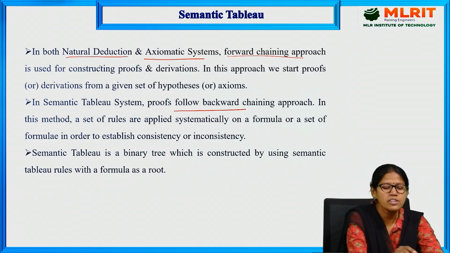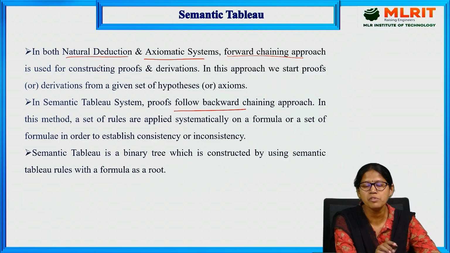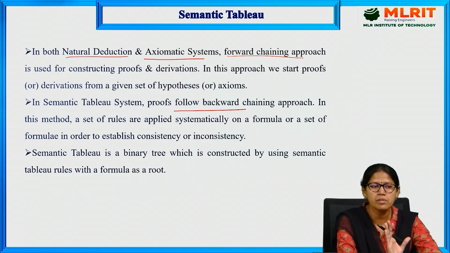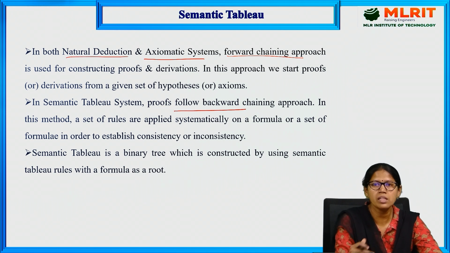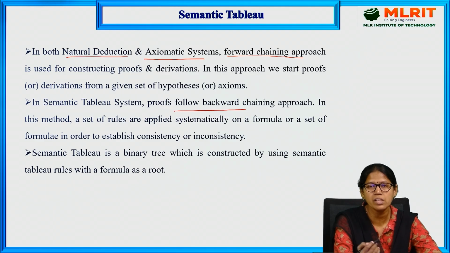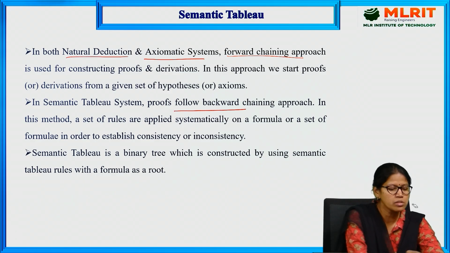In the natural deduction and axiomatic system, we need to assume some formulas, what to eliminate, what to introduce, the connectives. But here in the semantic tableau method, we apply the rules systematically and derive whether the given formula is satisfiable or unsatisfiable.